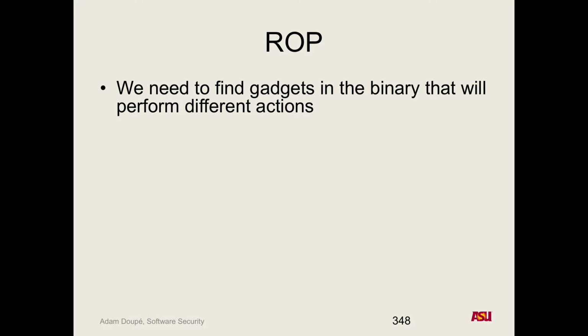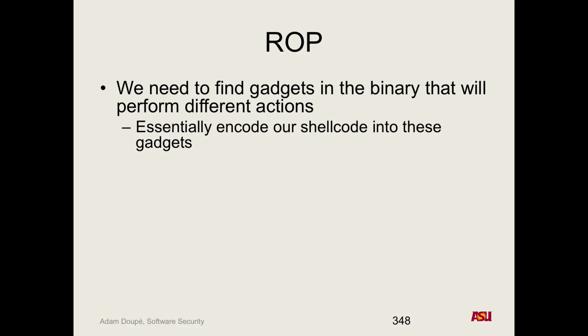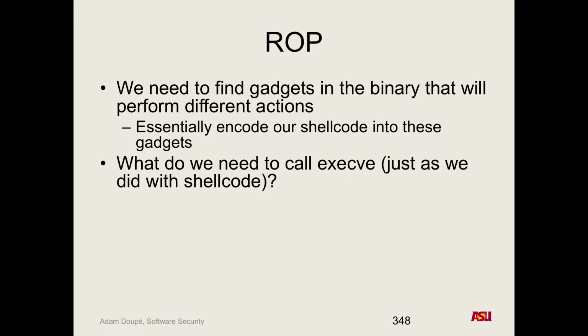Either null or a pointer to null, whatever we can do in EDX, then we call int 0x80. So the idea is we're going to find little gadgets. We're going to use them together to accomplish this same thing. And essentially encode our shellcode into these gadgets.